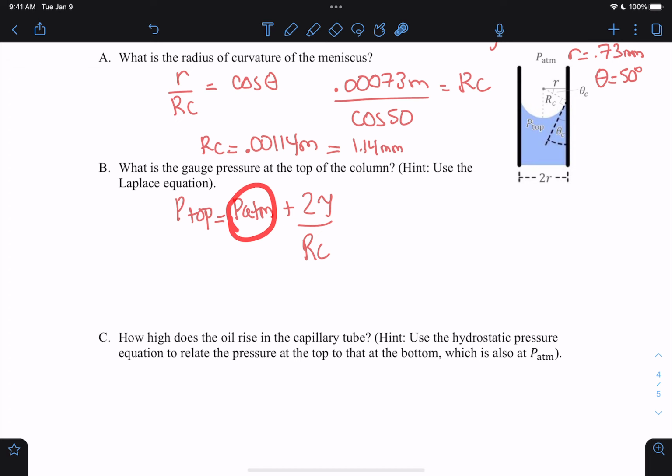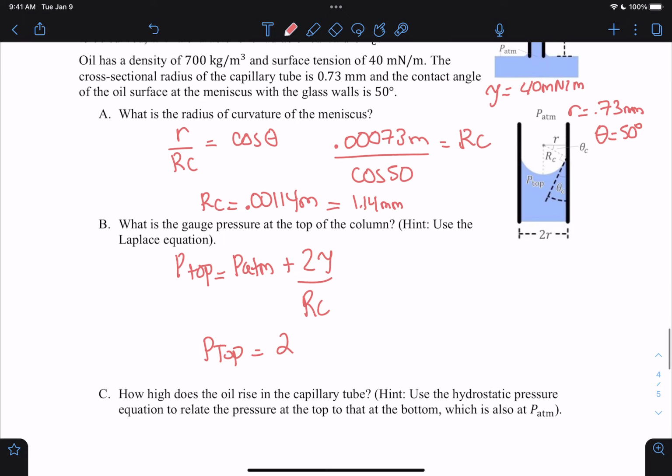Zero, right? So atmospheric pressure, the gauge pressure for it should just be 0. So then we're just left with P top, which is what we're trying to figure out. The gauge pressure for it would just be 2 times the surface tension.